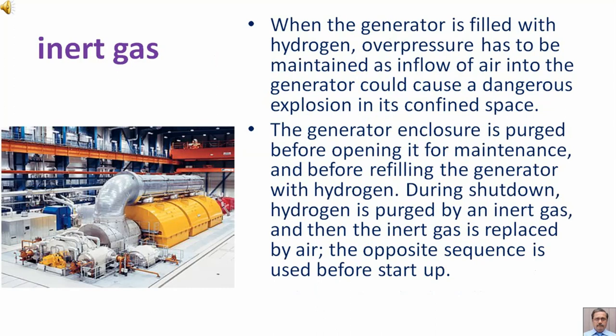The generator enclosure is purged before opening it for maintenance and before refilling the generator with hydrogen. During shutdown, hydrogen is purged by an inert gas and then the inert gas is replaced by air. The opposite sequence is used before startup.